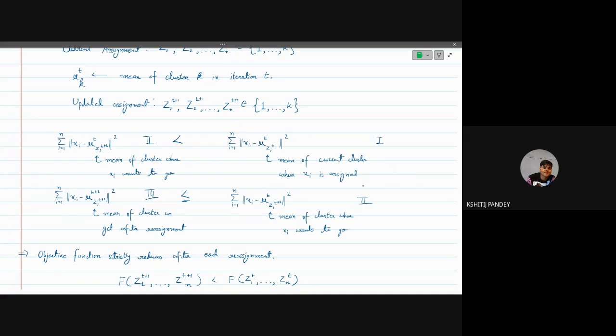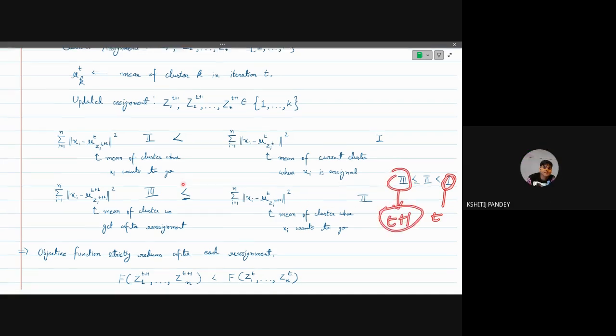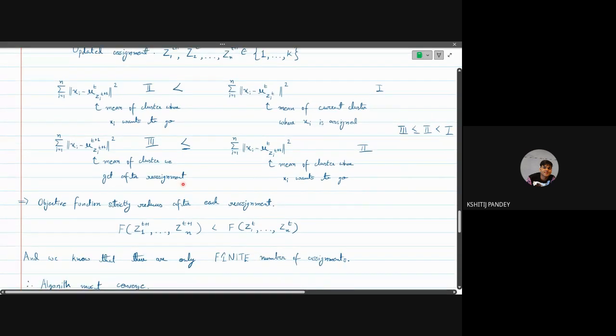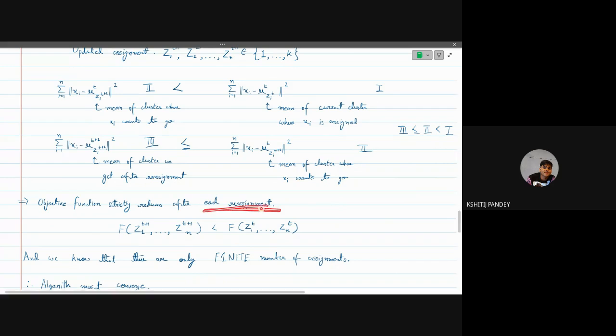Here we have concluded that 3 is less than or equal to 2, which is less than 1. Correct? And 1 is the value of the objective function at iteration t, and 3 is the value of the objective function at iteration t plus 1. So this implies that the objective function strictly reduces after each reassignment. Correct?